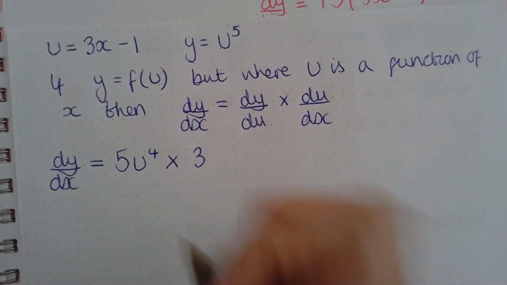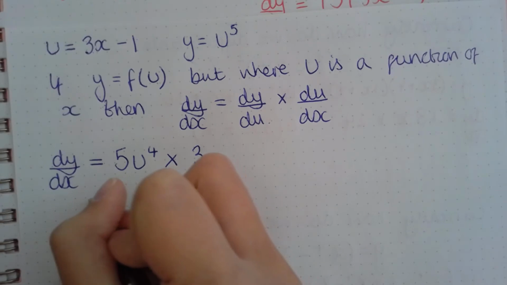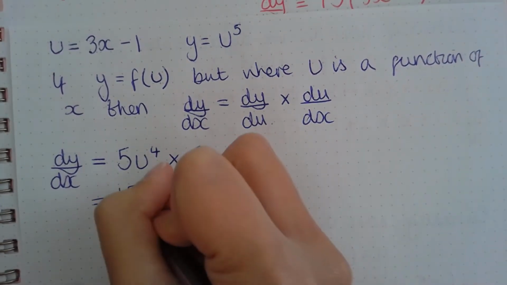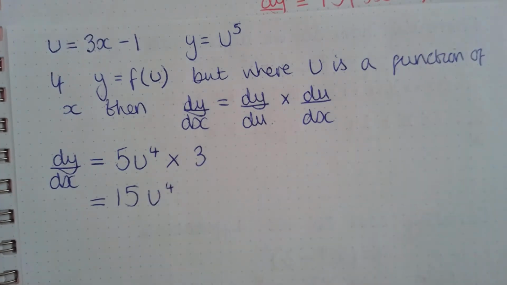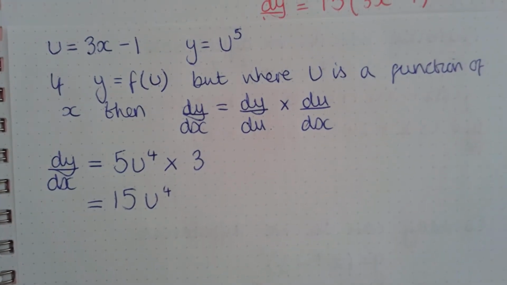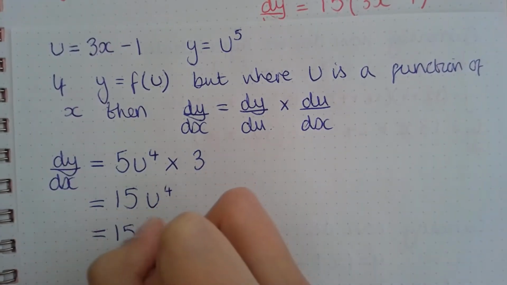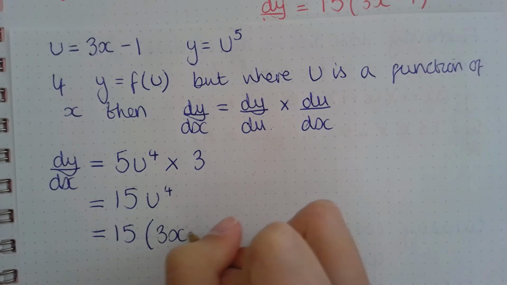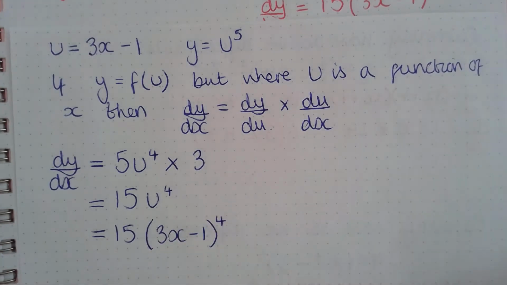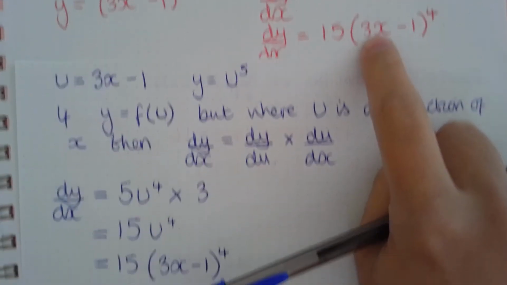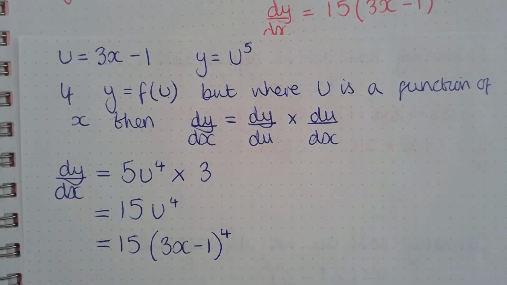That gives us 15u to the power of 4. But u we need to change back to what it was before, so we end up getting 15 lots of (3x take 1) to the power of 4, which is exactly what we got in our last video, but now we have to set it out in a more formal way.